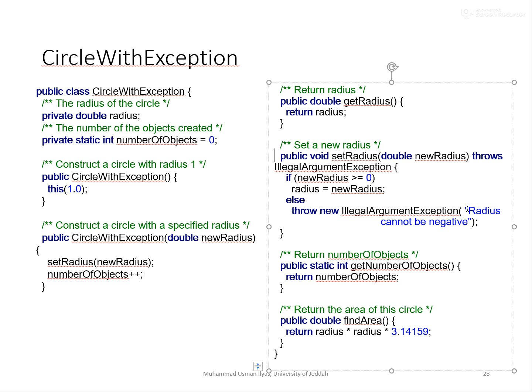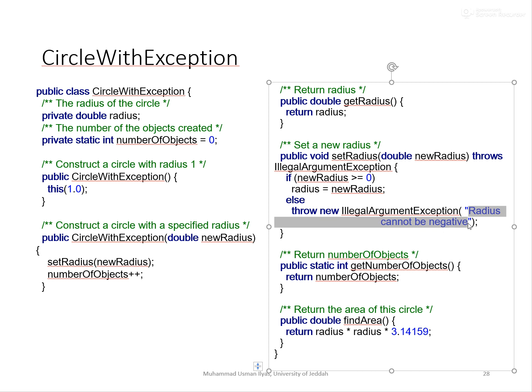and we're going to make that illegal by throwing an IllegalArgumentException. So inside the setRadius method, which as you can see throws an IllegalArgumentException, if the radius is greater than or equal to 0, proceed and assign the value to member variable radius, but otherwise throw an IllegalArgumentException, and we are passing this string, a helpful error message, to the IllegalArgumentException object in its constructor.